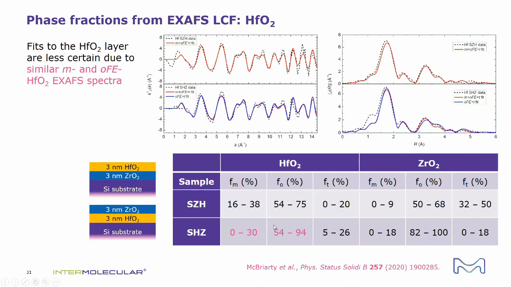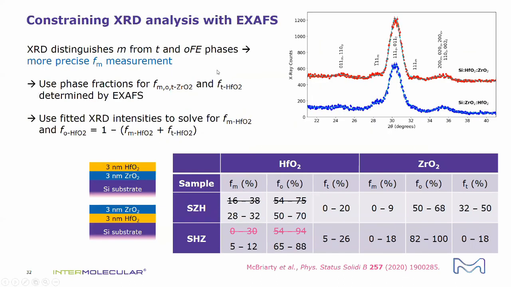So there's this huge uncertainty just from the XAFS alone. But if we remember from our XRD, we actually had a really nice distinction of monoclinic from the orthorhombic and tetragonal. So we wrote a script, which I should mention used Matt's lmfit Python code, in order to fit our diffraction peaks here. And we could end up getting a more precise measurement of the phase fraction of monoclinic.